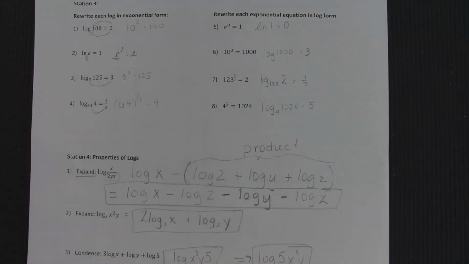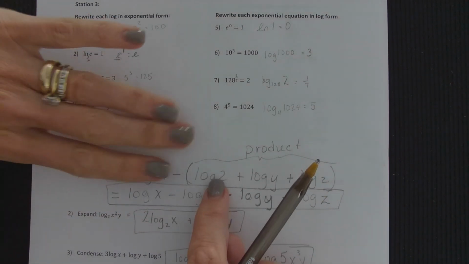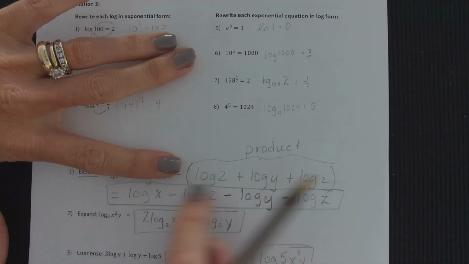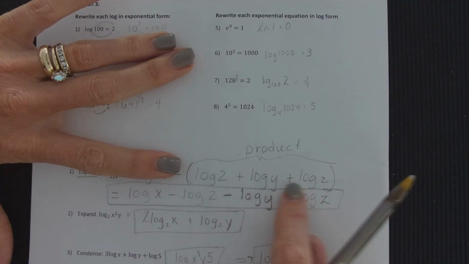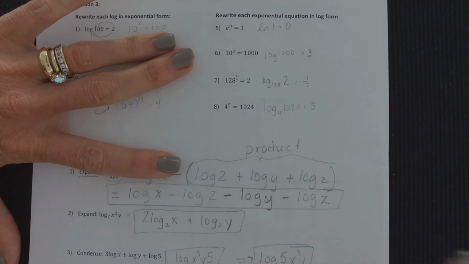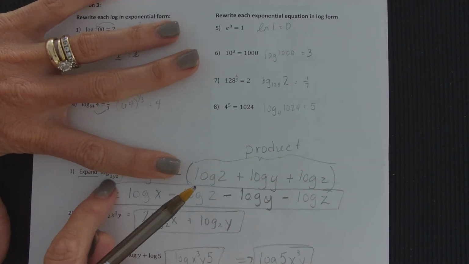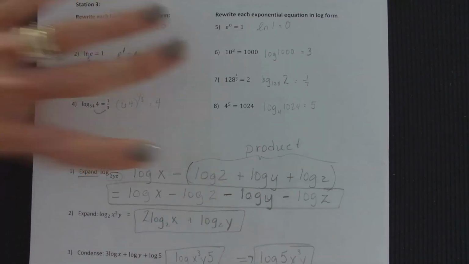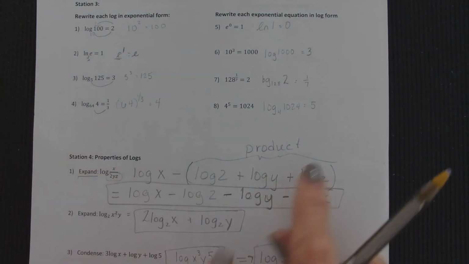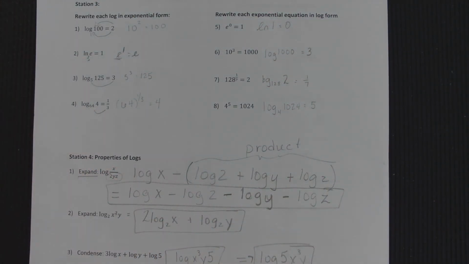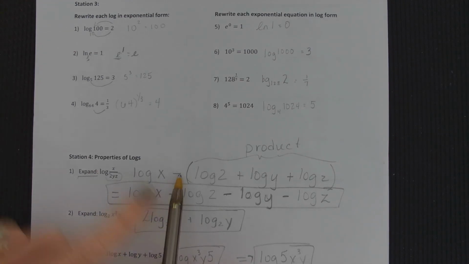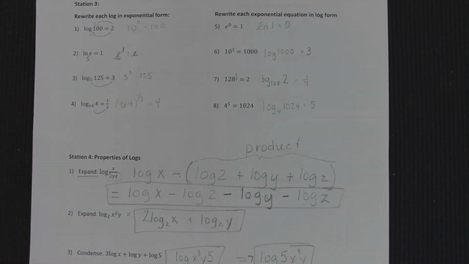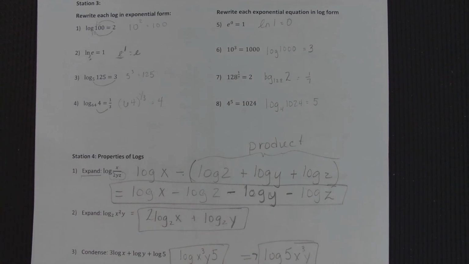So if you stop for a second and cover this up, here is that part. Log 2 plus log y plus log z. I'm adding because the rule says these are multiplying. So to expand, you add them, and then you just bring them together. Okay? Log x minus, kind of separate that. Do the multiplication of the 3 terms.